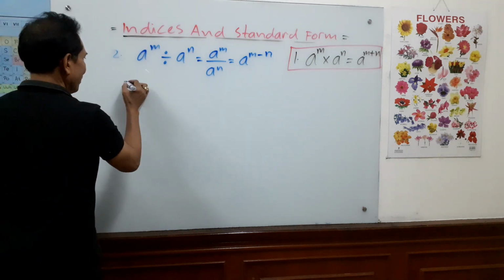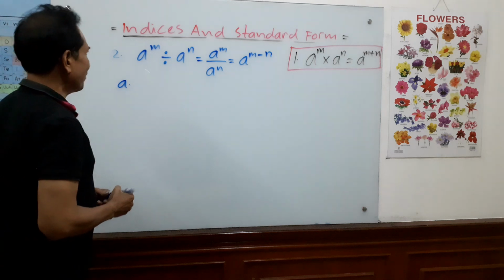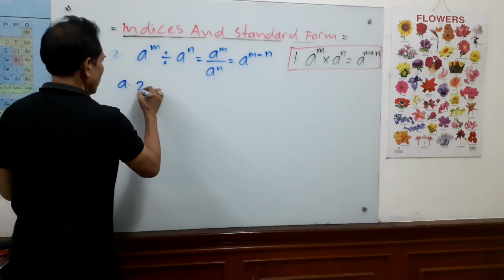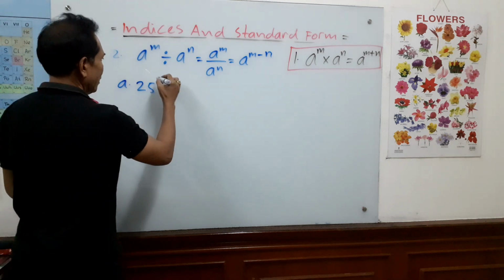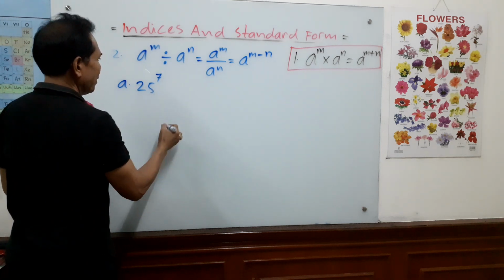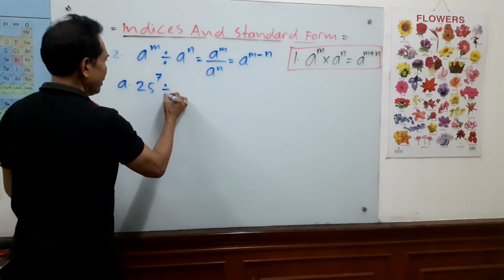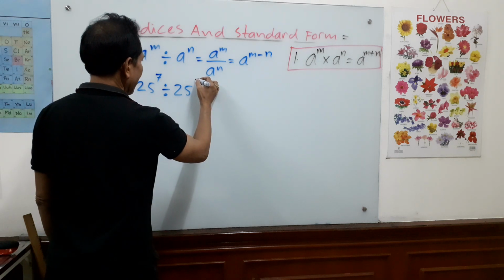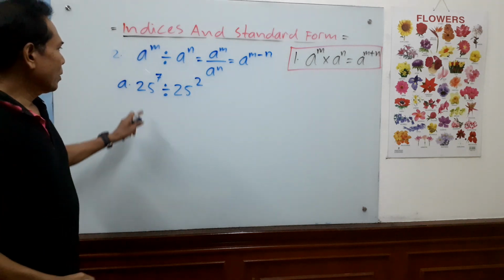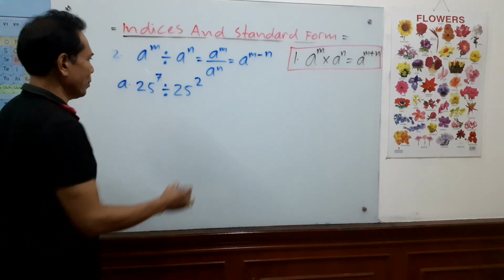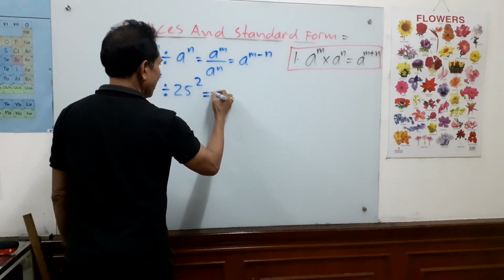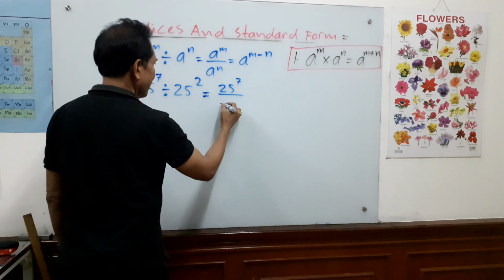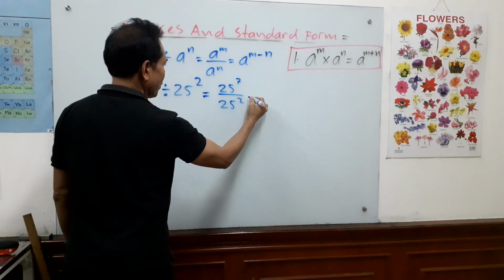So if you divide like this, you subtract the powers. Okay, let's bring the example. First example of number 2. 25 power 7 divided by 25 power 2 equals 25 power 7 over 25 power 2.